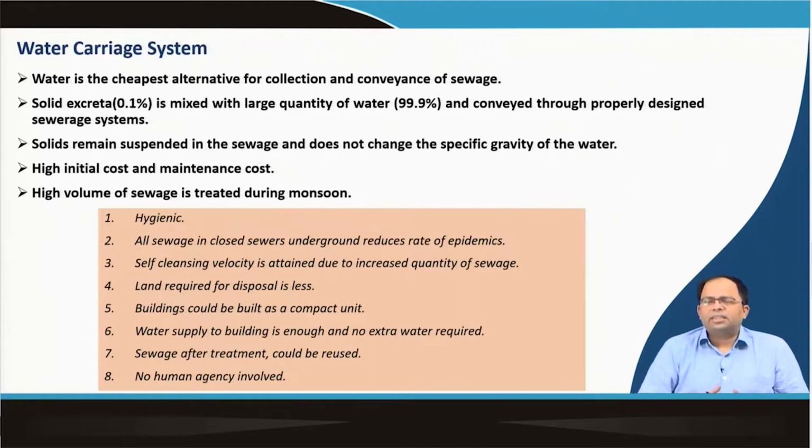We do not need to add extra water, because whatever water we are using in our flushing systems is adequate to carry the sewage. And because we are treating the sewage in sewage treatment plants, we have an opportunity to reuse the effluent for certain purposes, and no human agency is involved in this particular system.